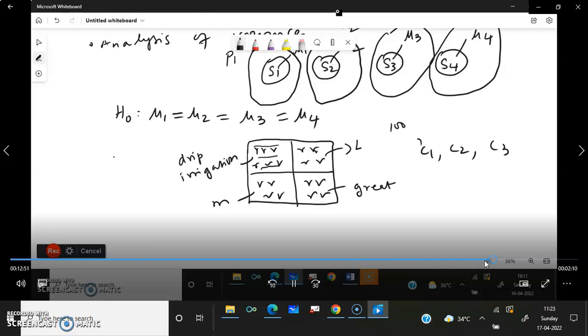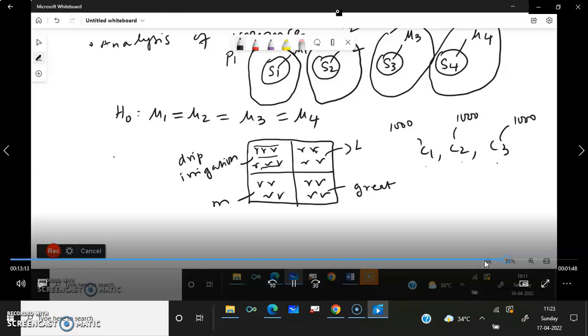Suppose I fill 1000 rupees of petrol in C1, 1000 rupees in C2, and 1000 rupees in C3. So I have filled the same amount of petrol in all 3 cars.